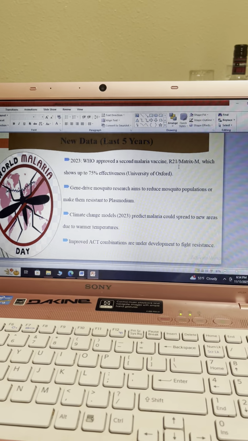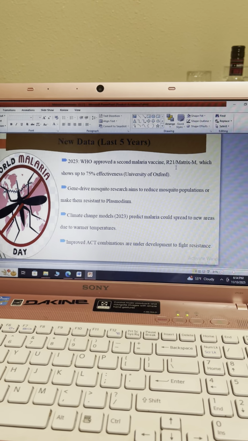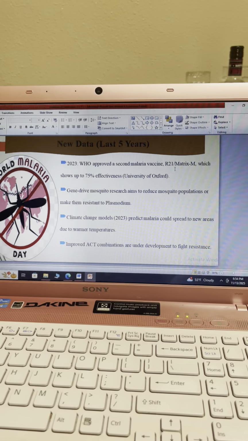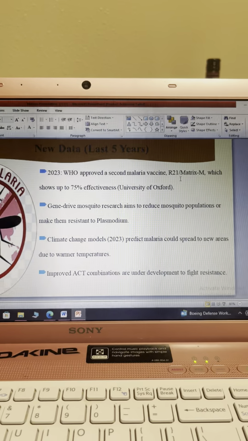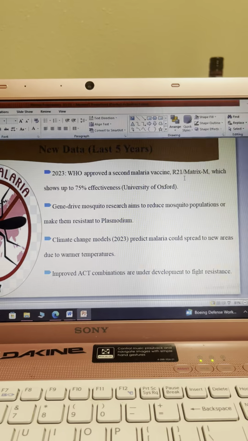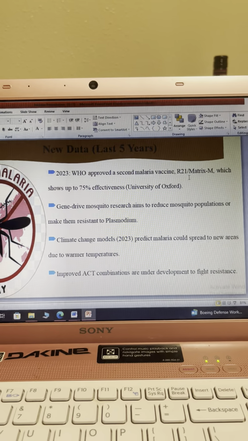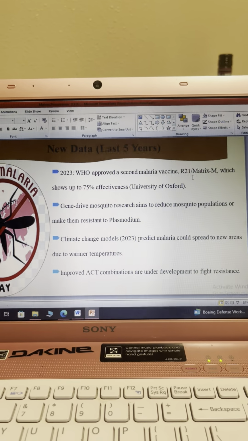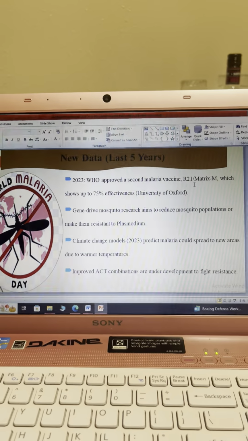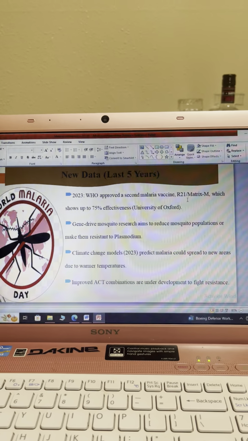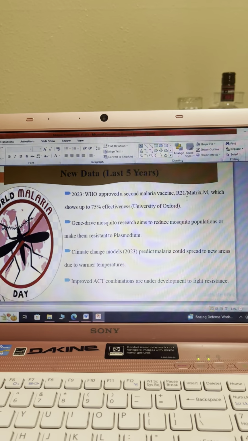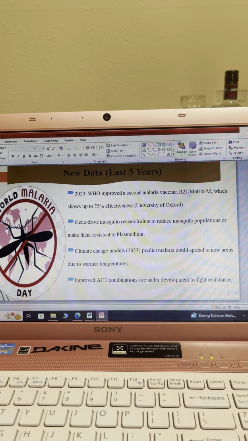Gene-drive mosquito research aims to reduce the mosquito population or make them resistant to Plasmodium. Climate models from 2023 predict malaria could spread to new areas due to warmer temperatures. Improved ACT combinations are under development to fight resistance.